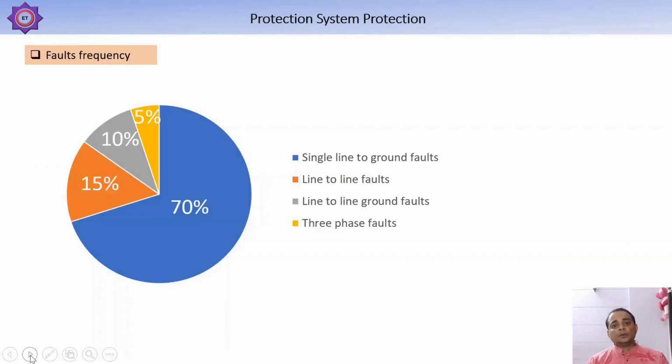So when we design a protection scheme for a power system, we have to keep all these points in mind so that we can design the best scheme. Now if we focus on shunt faults, as we know the fault frequency is 50 to 60%.